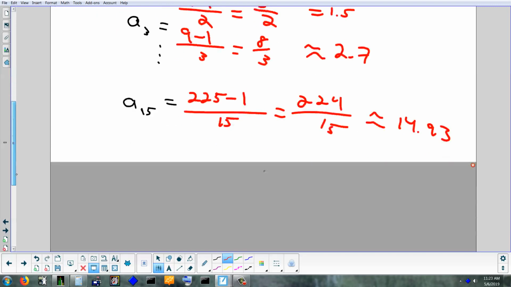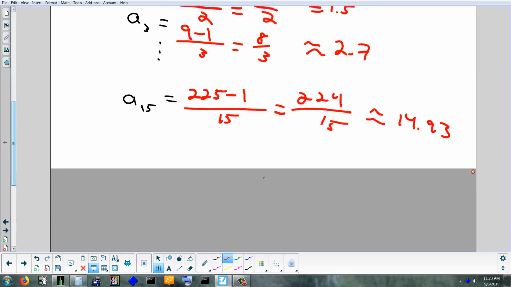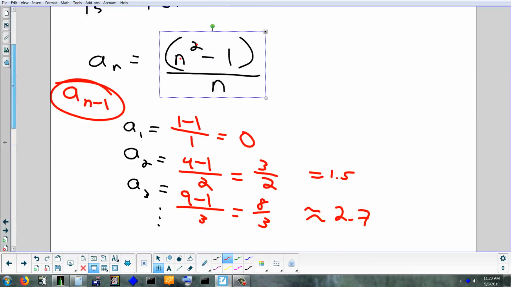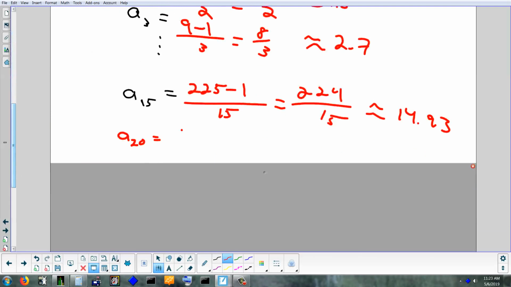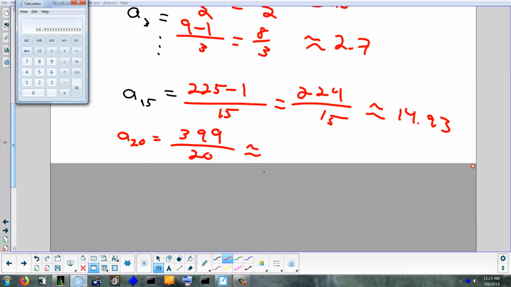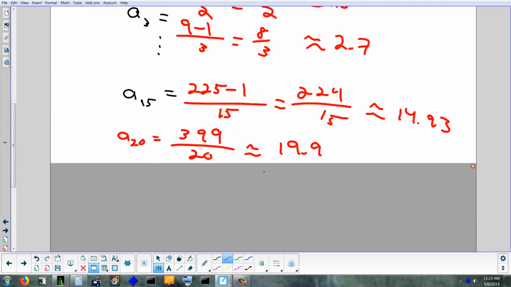Let's do the 20th term. What's 20 squared? 400 minus 1? So 399 over 20. So if we divide that out, we get 19.95. Actually, that's exact.